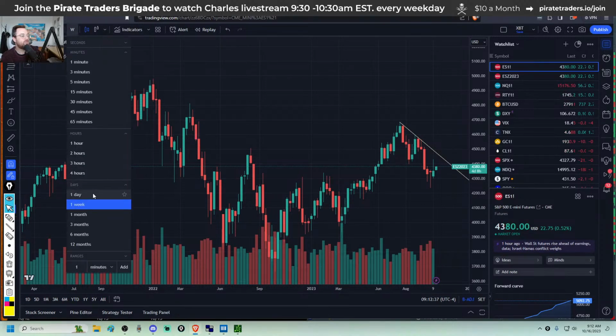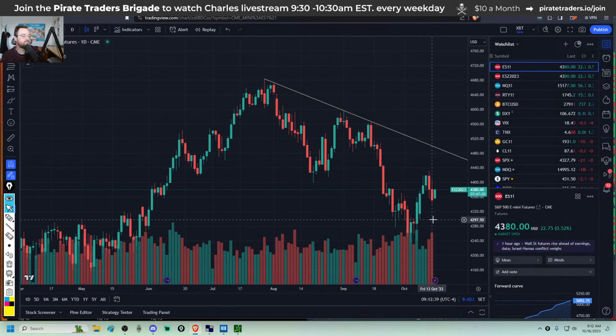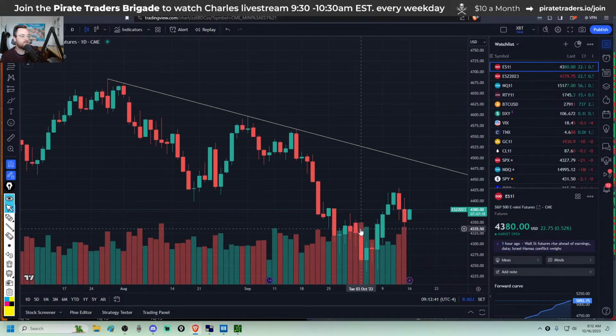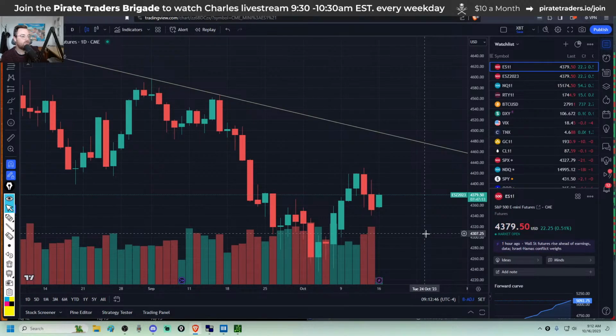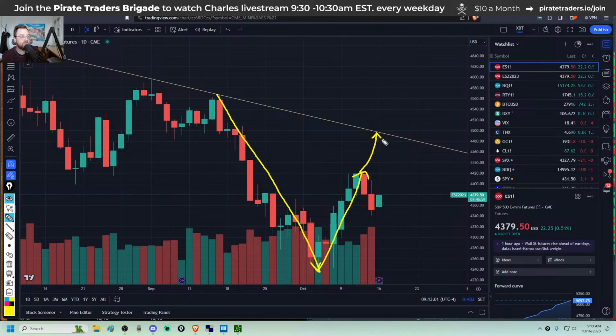So now let's zoom into the daily. And let's take a look here. Well, when we look at the daily chart, what do we see? We had a lot of excess to the downside this time. Big move to the downside. Turned around and started heading back. Did not come back and completely backfill it with price.